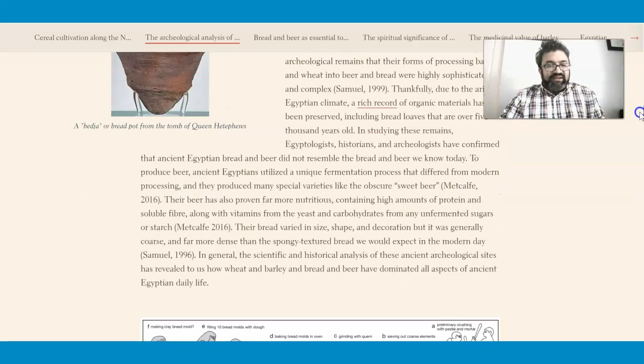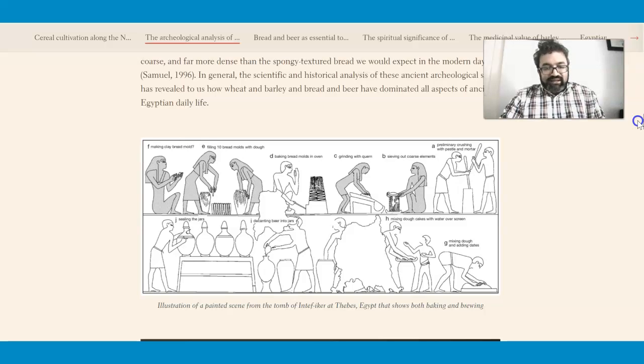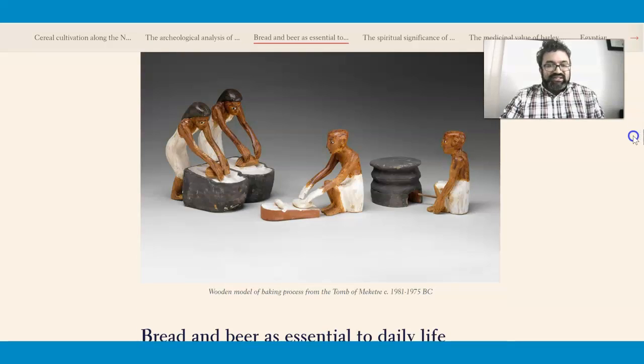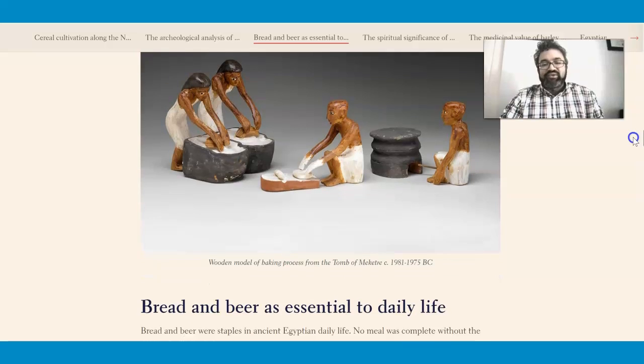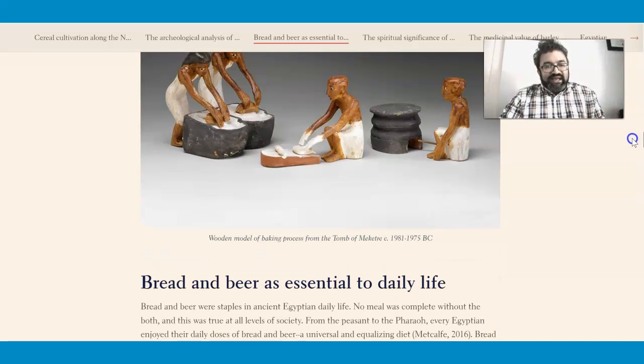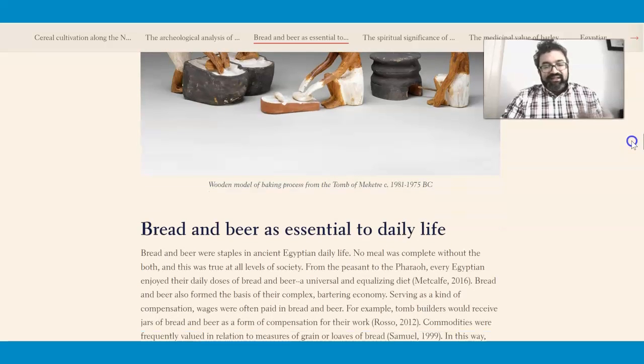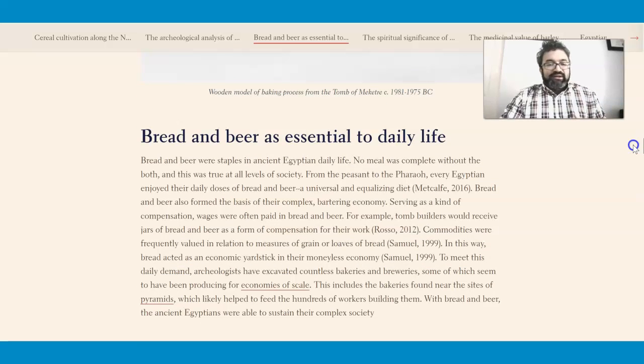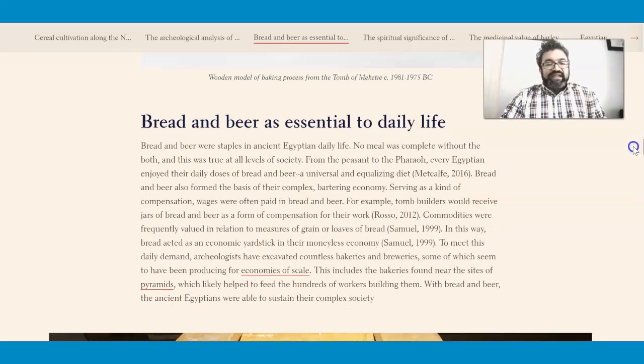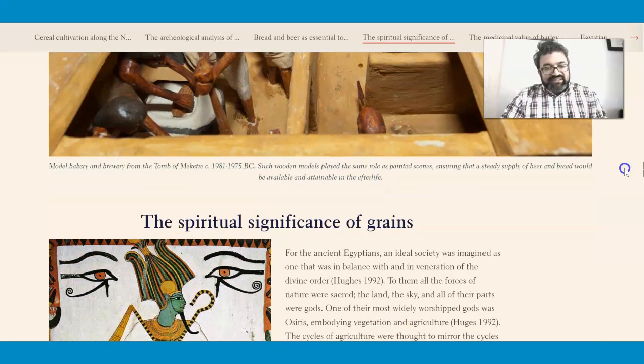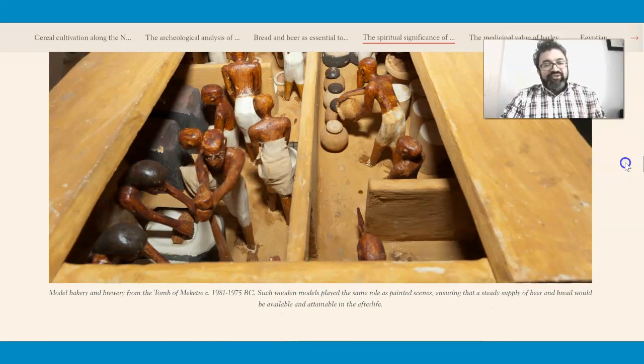The evolution of beer is described within this figure from Thebes, Egypt. If you take a look, you can see the process in these wooden models, and see that this was an actual process that took time, took effort, and many people were involved. It was methodical, and seemed to parallel the afterlife. Within this tomb, you can see a whole bakery taking place with clay people.